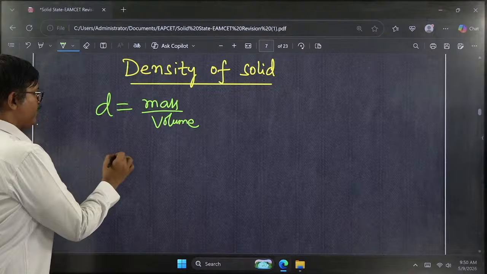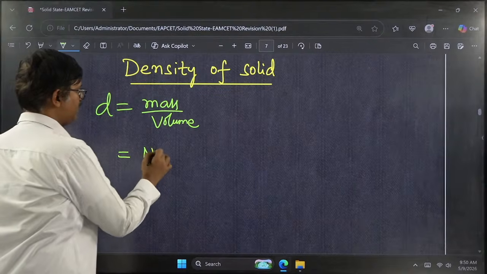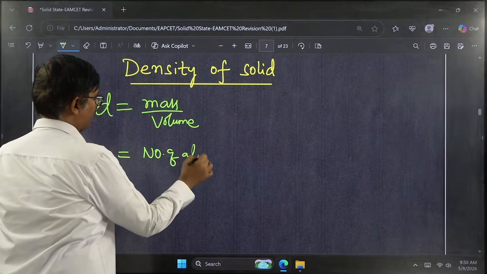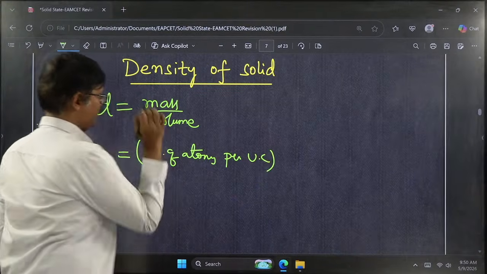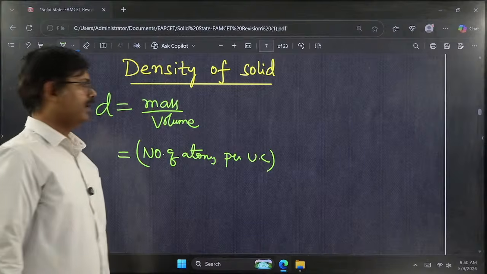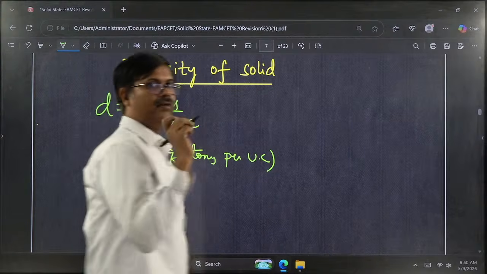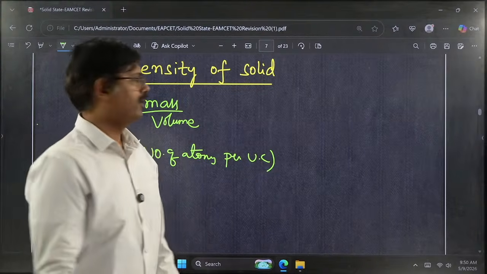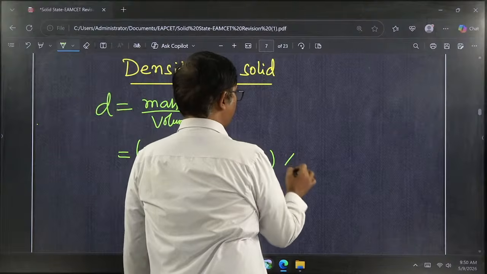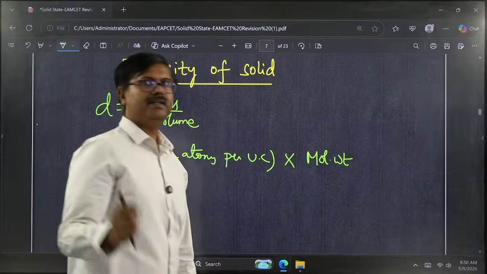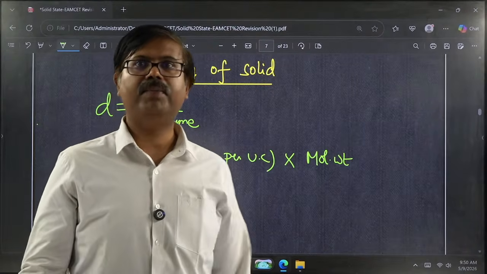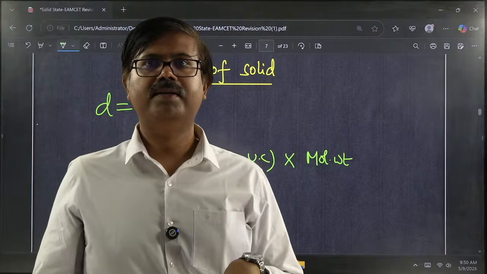Now focus on the unit cell. So the unit cell has how many atoms? Let's say the number of atoms per unit cell, and each atom has how much mass. Now we know molecular weight. Molecular weight is the mass of Avogadro number, meaning 1 mole of atoms.